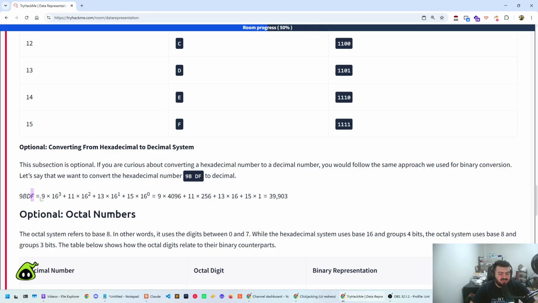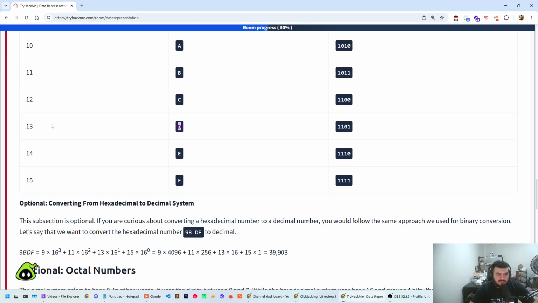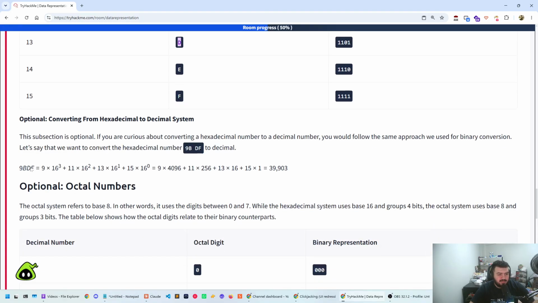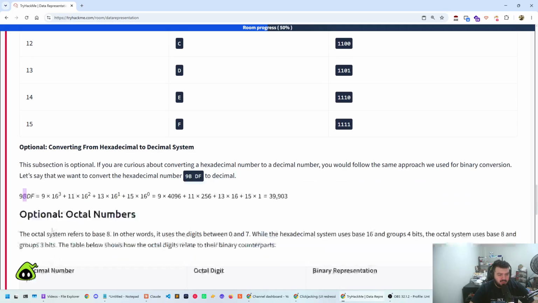And if it's actually easier for you, you can start from the right even. So F, we know it's 15. So F is 15 multiplied by 16 to the power of 0. D is 13, so 13 multiplied by 16 to the power of 1. B, we know it is 11, so 11 multiplied by 16 to the power of 2, and then 9 multiplied by 16 to the power of 3.